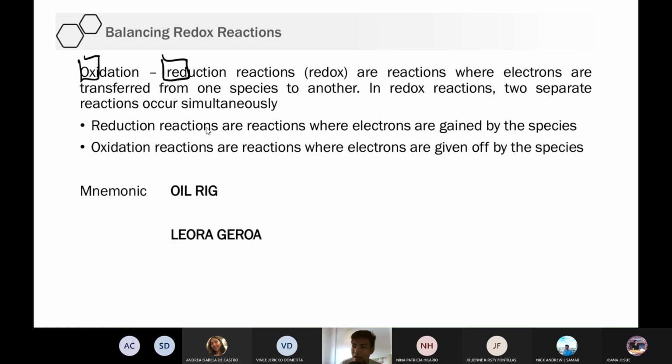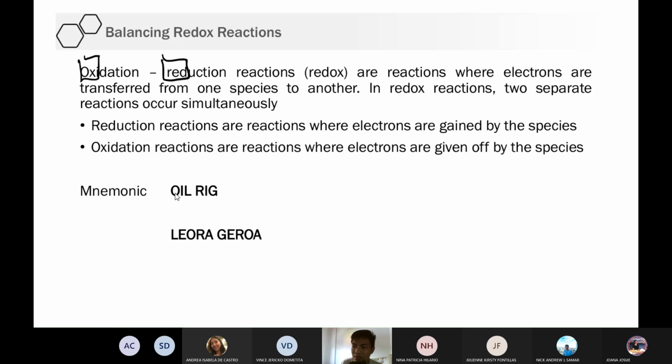So what is reduction reaction? When you say reduction reaction, the electrons are gained by the species. Pag oxidation reaction naman, the electron is given off by the species. Naglalabas siya ng electron. Okay, so yan.